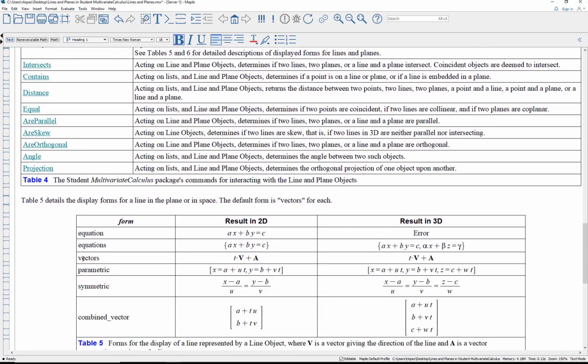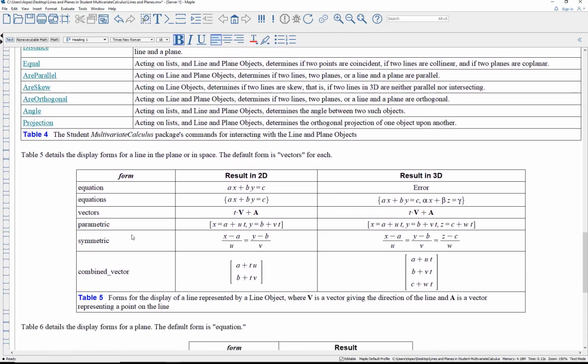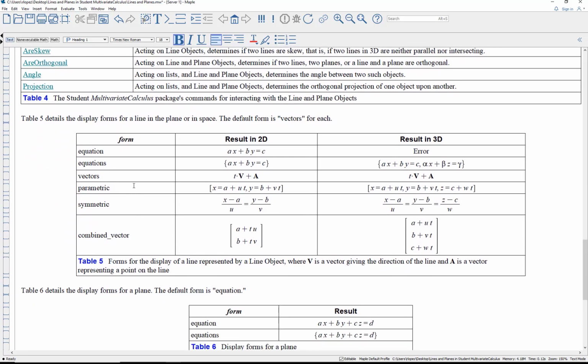If you are looking at the equation of a line, you can get the equation of a line as this equation. If you have form equals, if you put an S on there, it'll come back with set braces. If you ask for the form to be vectors, you'll get this unmultiplied out vector form.